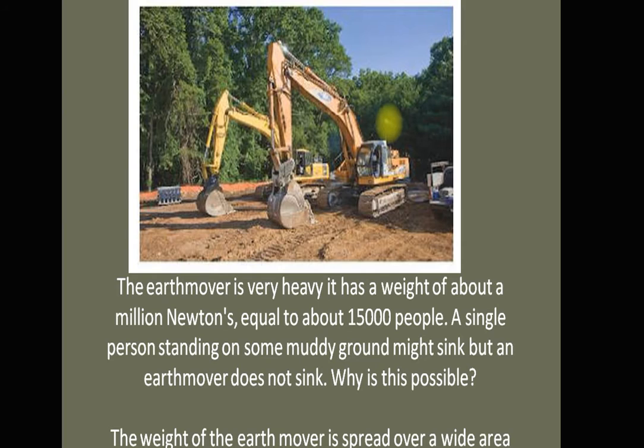You're not as heavy as an earth mover, but you sink, while the earth mover doesn't. Because the weight of the mover is being spread over a larger area. You can see the tires here. It uses big, broad wheels and tyres.